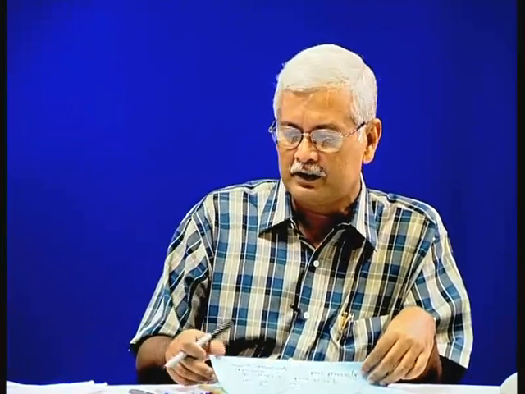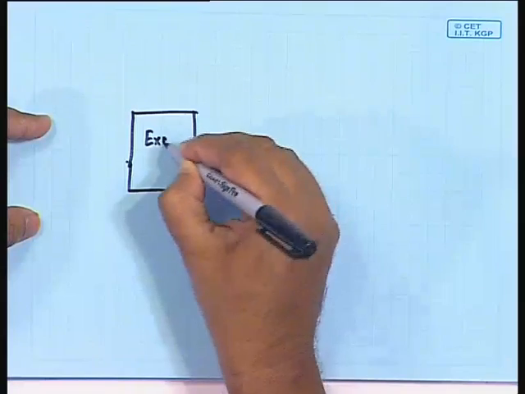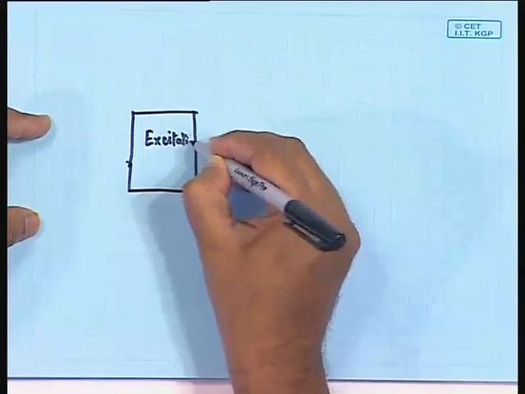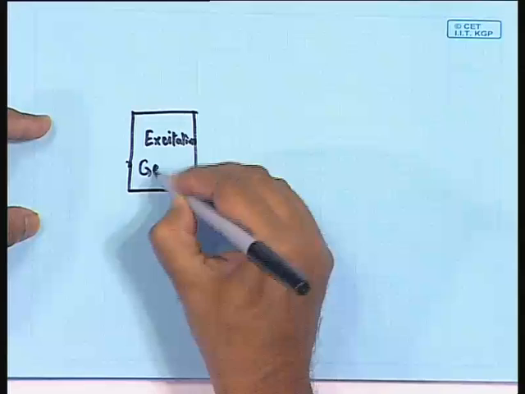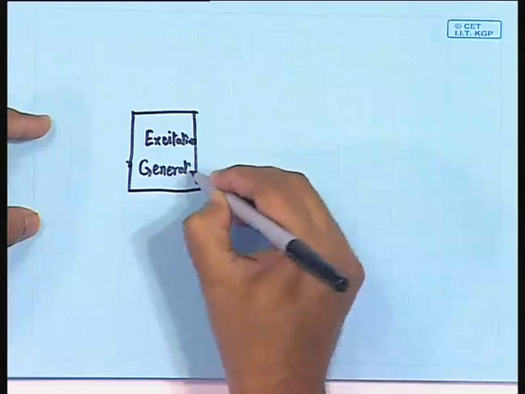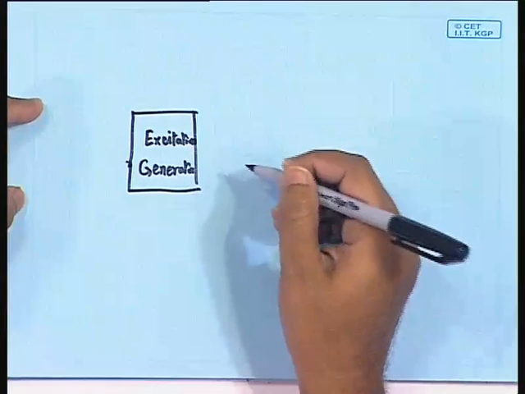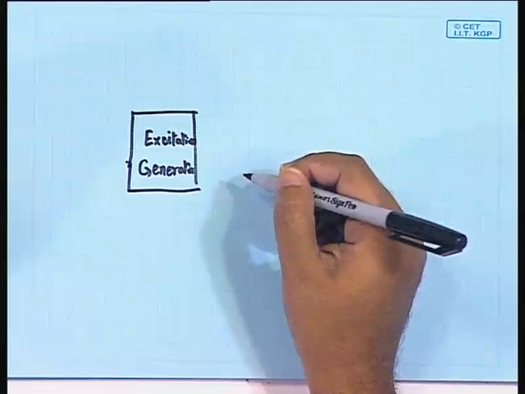Now, a very crude model that you can think of for speech production could be described something like this: there is an excitation generator, a signal source, and this excitation generator, as I was telling you, can be of two types.